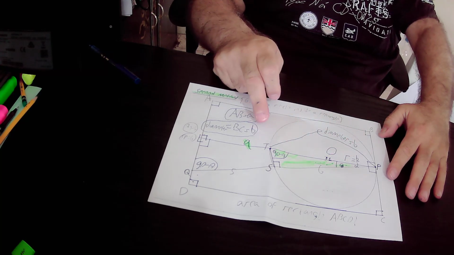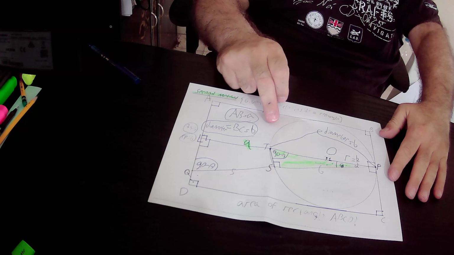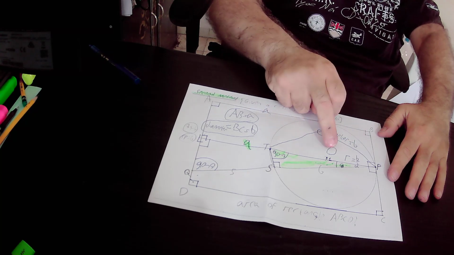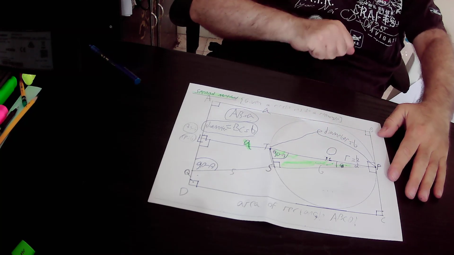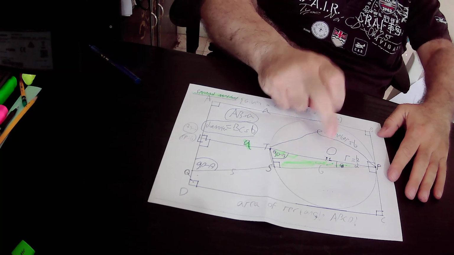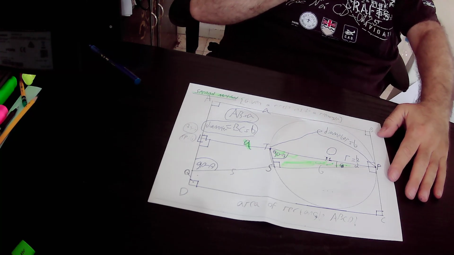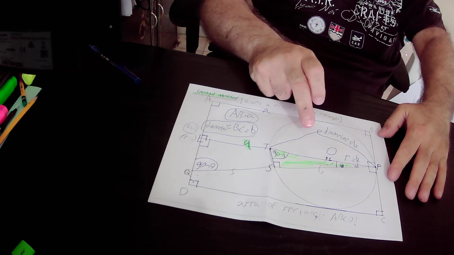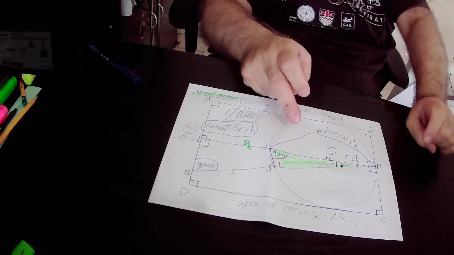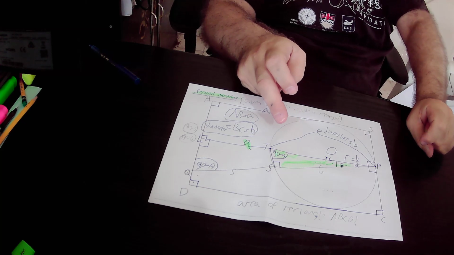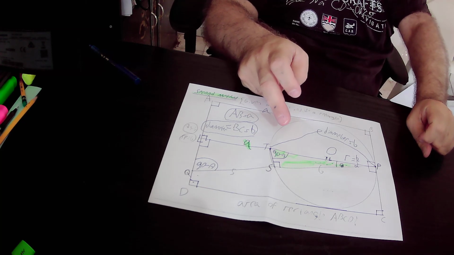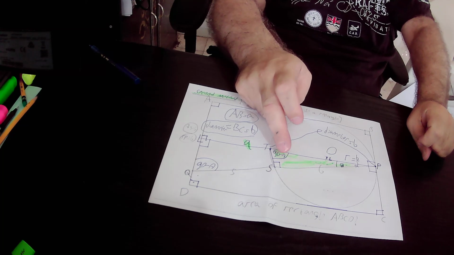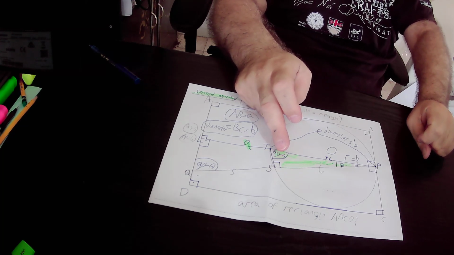PT is the diameter of the circle because chord PT passes through the center of the circle, and any chord that passes through the center of the circle must be the diameter of the circle. And here, peripheral angle TSP rests on TP, that is the diameter of the circle, and any peripheral angle that rests on the diameter of the circle must be equal to 90 degrees according to rule number 5.